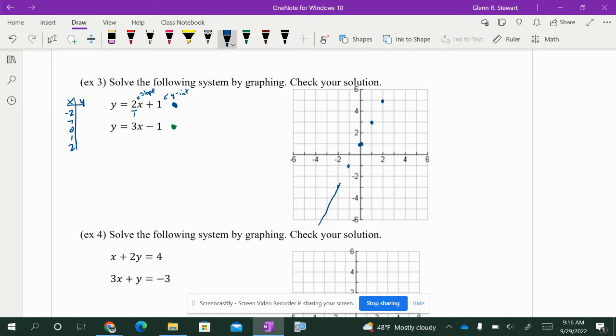And I'm going to graph that line. Make sure that you include your line. And then on the other one, I'm going to start at -1, and this time I have 3 over 1, so I'll go up 1, 2, 3, and then right 1, or down 1, 2, 3, and left 1.